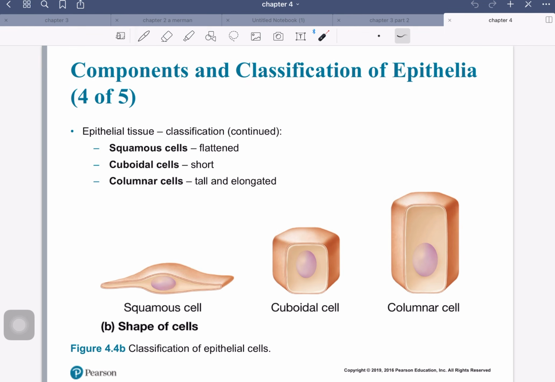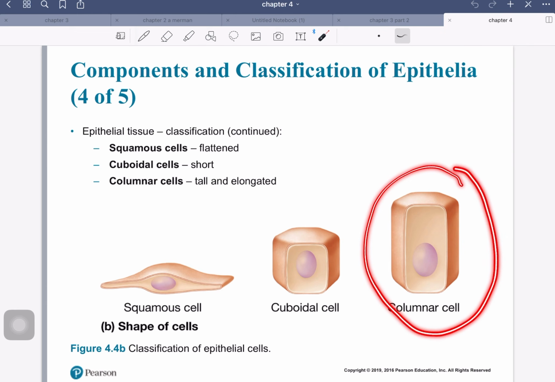The next thing we're going to see is the second name that we give it, because epithelia usually has two names, like a first name and a last name almost, and it's based on the shape. A squamous cell is a flattened type cell. A cuboidal cell looks like a cube, and a columnar cell, not surprisingly, looks like a column.